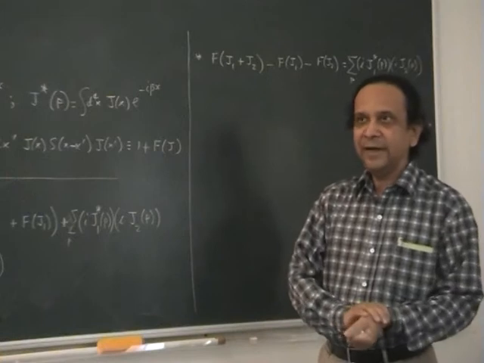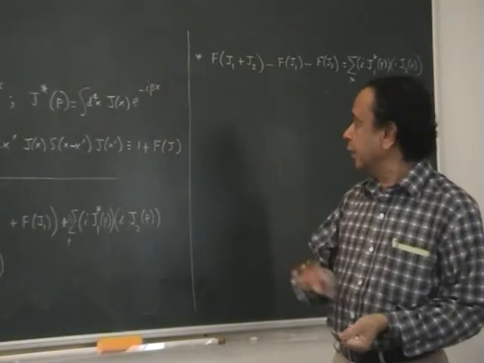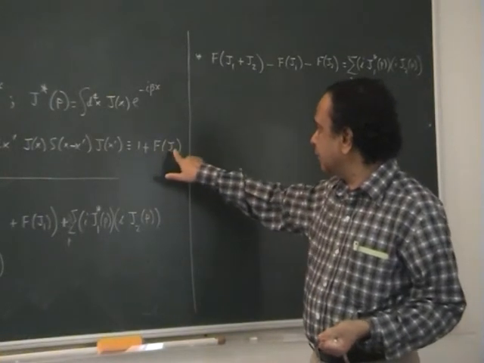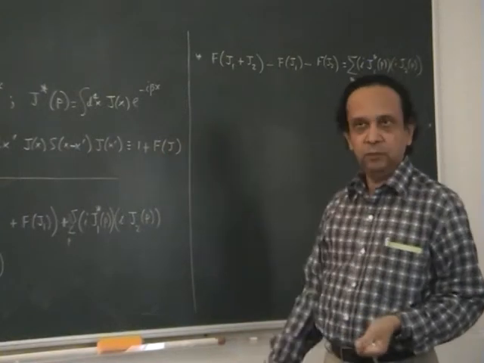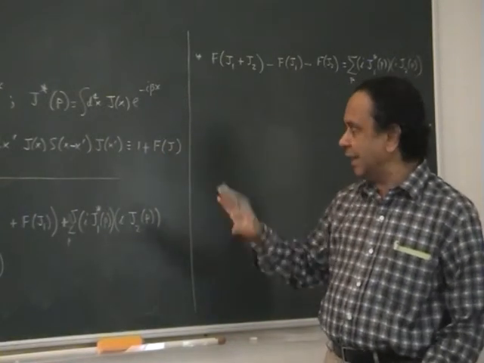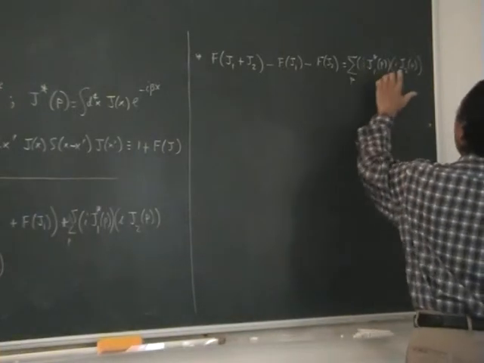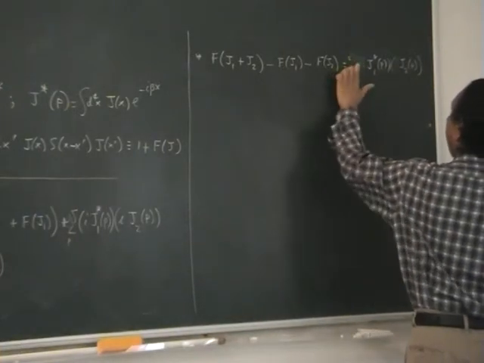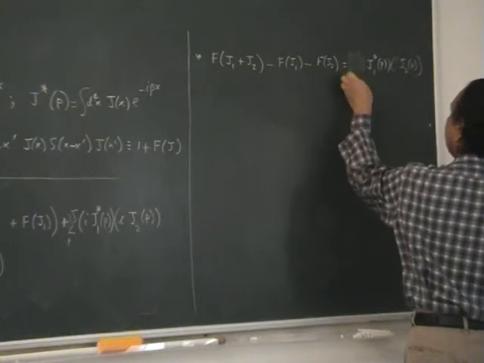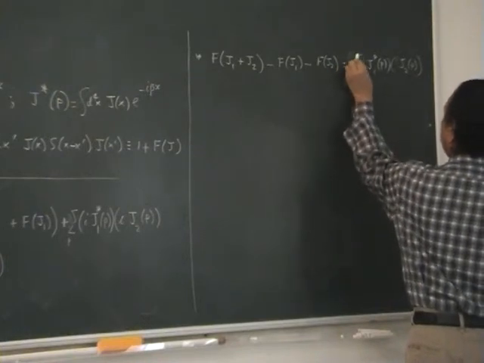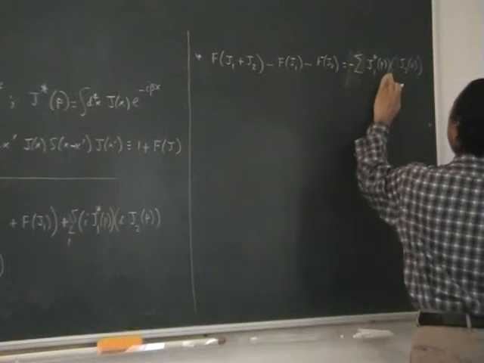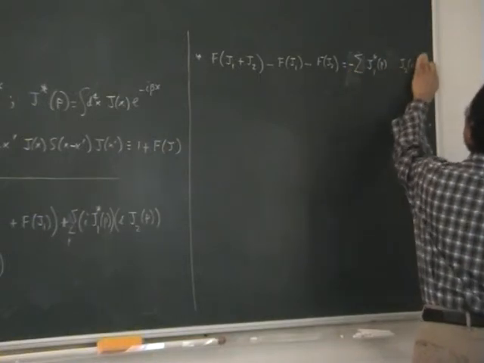The rest is fairly easy. What do we do? We take this f and substitute for J1 plus J2. You can mentally see what will happen. Okay, so this is a good time to remove the two i factors and write it as minus summation over p of these two quantities.